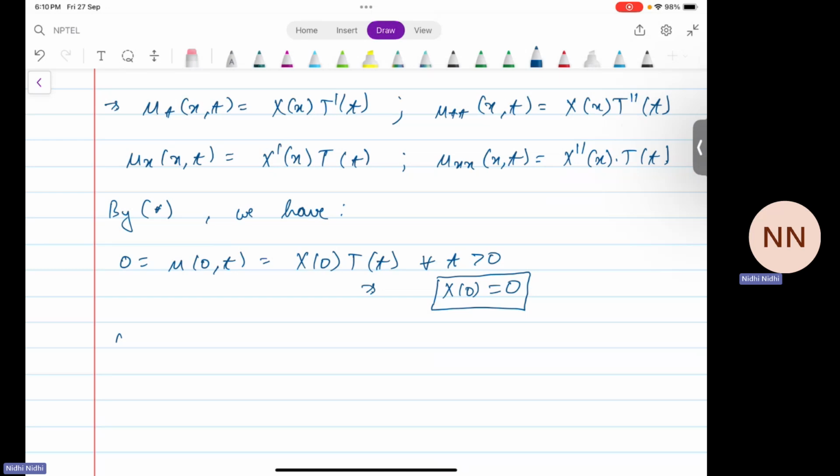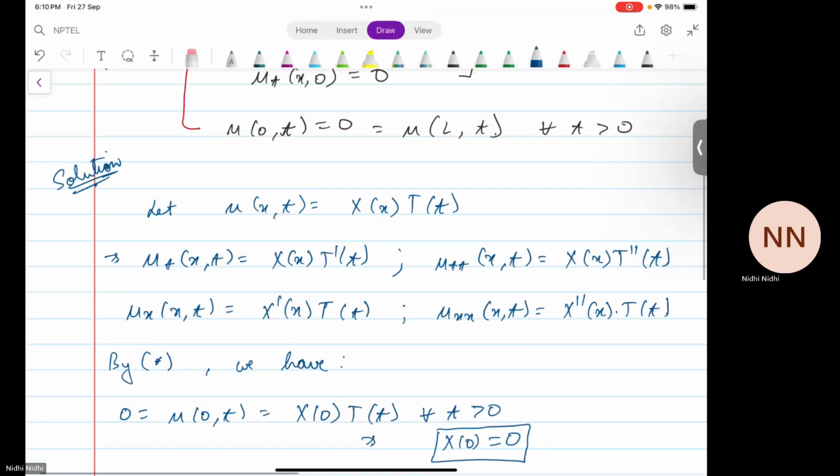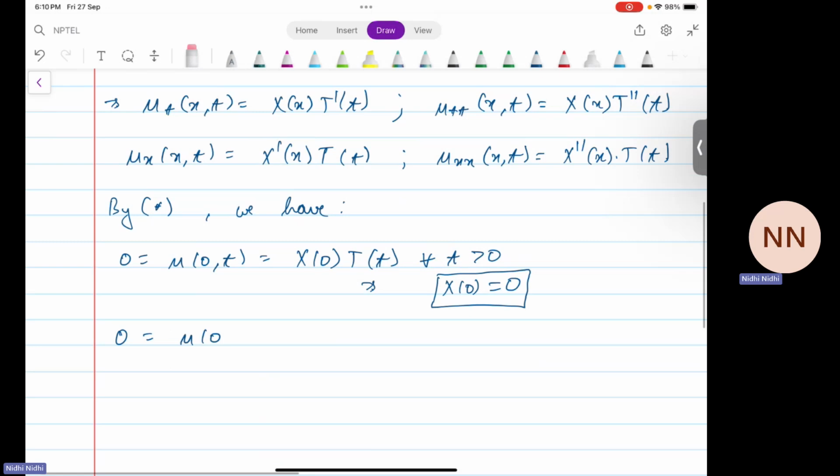We are searching for a non-trivial solution. Similarly, we have 0 equals u(L,t), which is equal to X(L)T(t) for every t positive, and again this will imply that X(L) is 0.